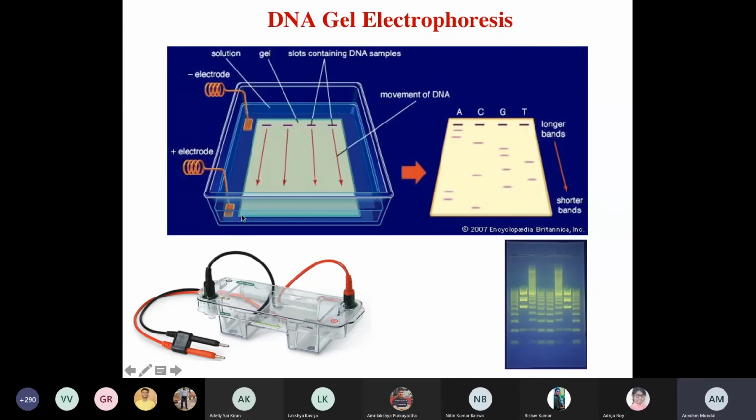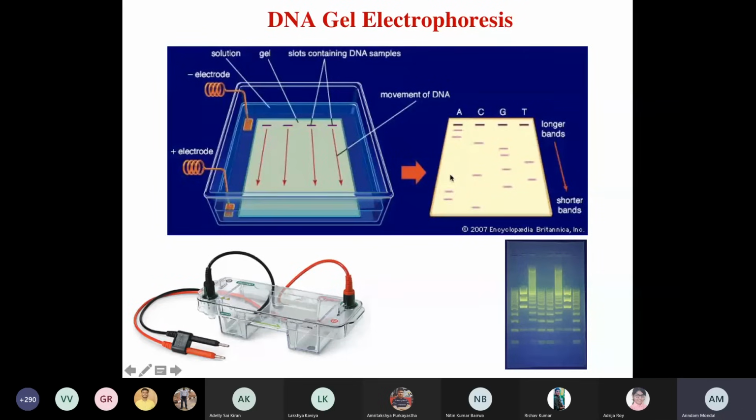While migrating, it faces frictional force, because it is migrating through the agarose slab, and this slab has different small pores. The DNA molecule migrates through those pores. The smaller the DNA molecule, the faster it migrates because it faces lesser frictional forces.